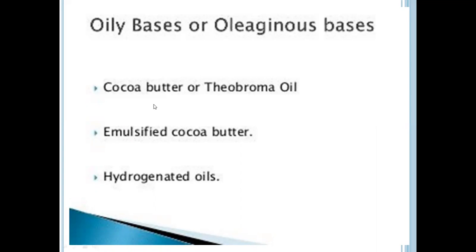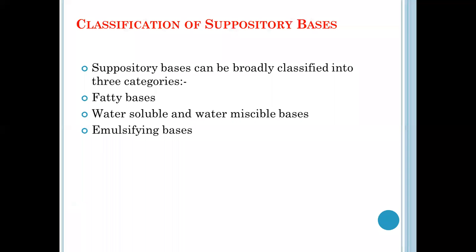In the tablet formulation we saw active ingredient, binding agent, thickening agent, lubricant, glidant, colorant and sweetening agent. Are such agents added in suppositories? No, ma'am. Because in suppositories only 2 to 3 ingredients are used: either an emulsifying base or cocoa butter, theobroma oil, oily bases or water soluble fatty bases, and the main drug. There is no addition of any other ingredient.